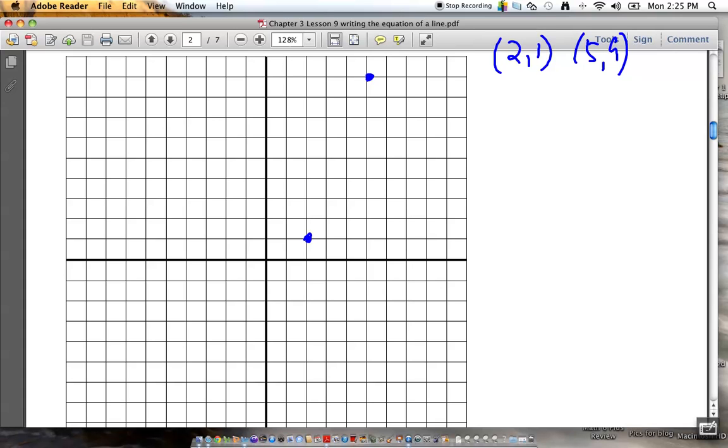If I count the spaces, I'm going to go up 2, 4, 6, 8 over 3. So my slope is 8 over 3. So let me do it this way again. Let me go down 8, 2, 4, 6, 8 over 3. And the minute I do that, it's a little sloppy, but you're not going to pass through a perfect point.